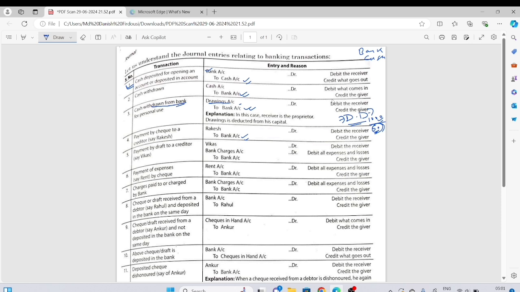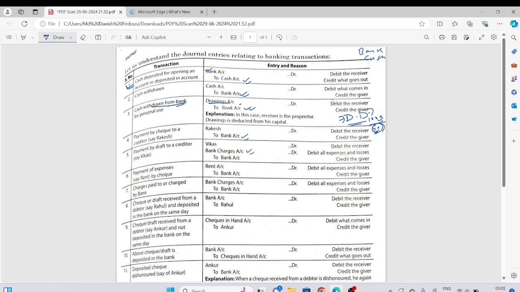So in case of a demand draft, if you pay your creditors through the demand draft, it means your bank charge also will be debited, because bank charge is an expense for you. So the bank will deduct the bank charge from you, and as you know, all expenses and losses will be debit.